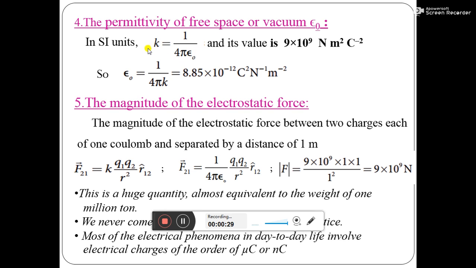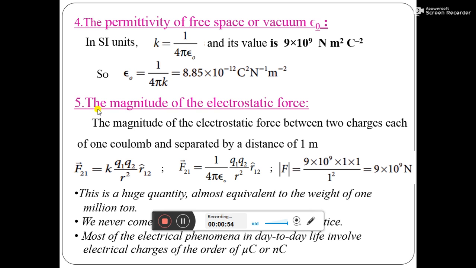Therefore, from the equation k equal to 1 divided by 4 pi epsilon naught, epsilon naught is found to be equal to 1 divided by 4 pi k. Here, if you substitute for k, the value of epsilon naught is equal to 8.85 into 10 to the power of minus 12 coulomb squared per newton per meter squared.